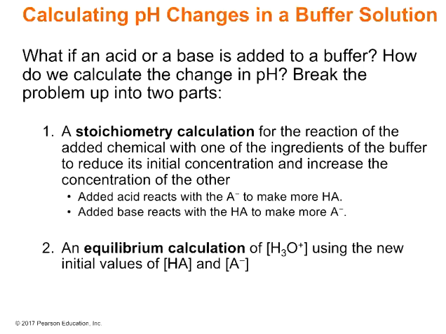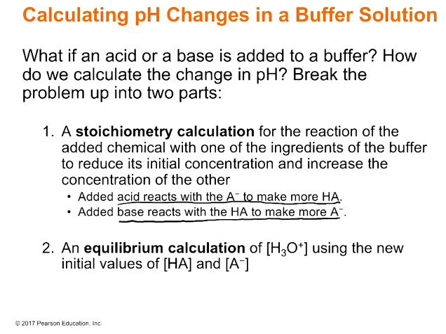For instance, if we add acid to a buffer, we know that it reacts with the base in the buffer, and that's going to create more of the initial acid. But if we add a base to the buffer, that's going to react with the acid to make more of the initial base.